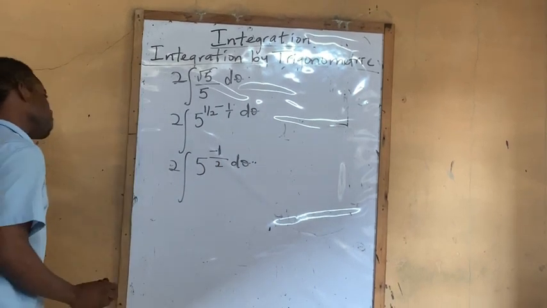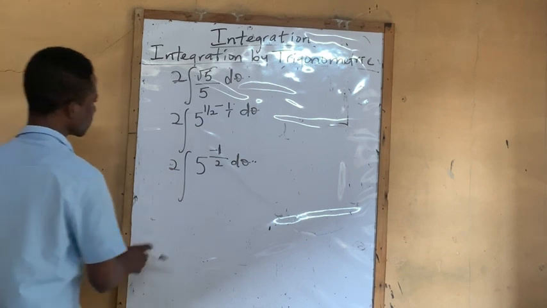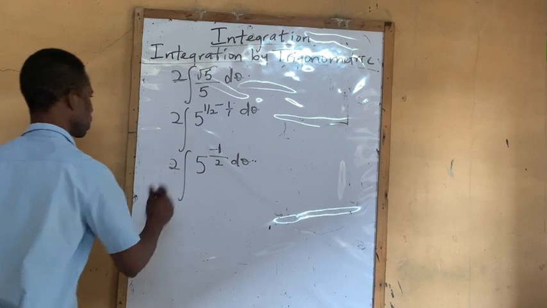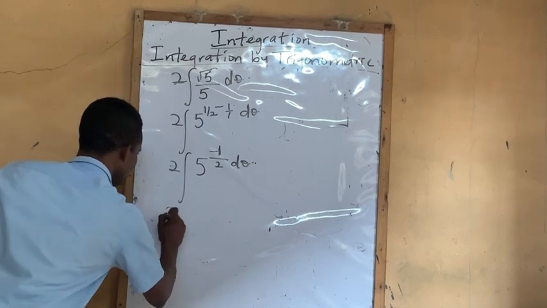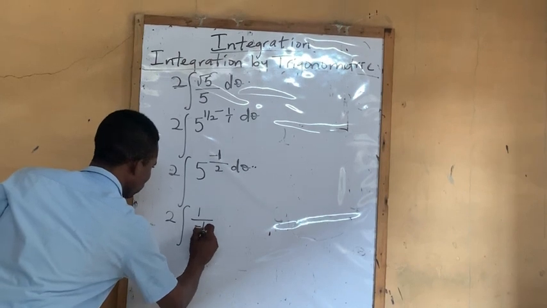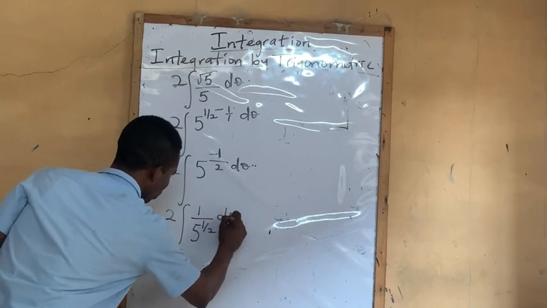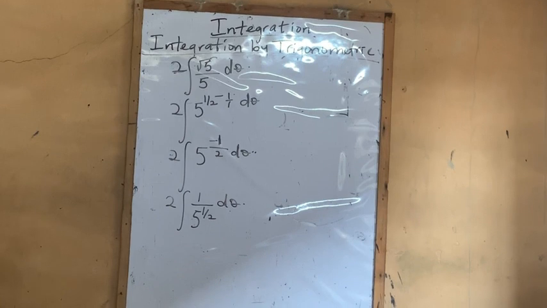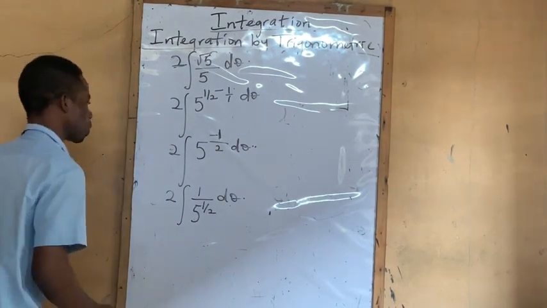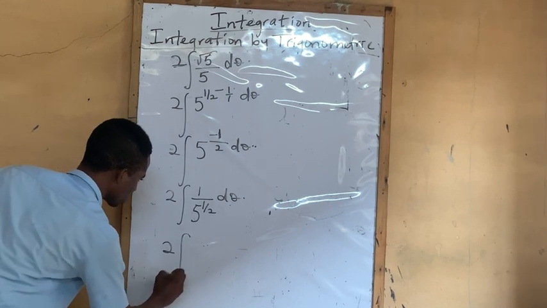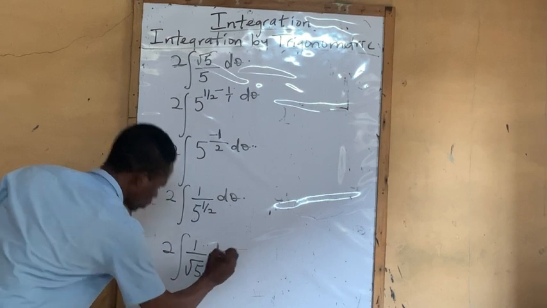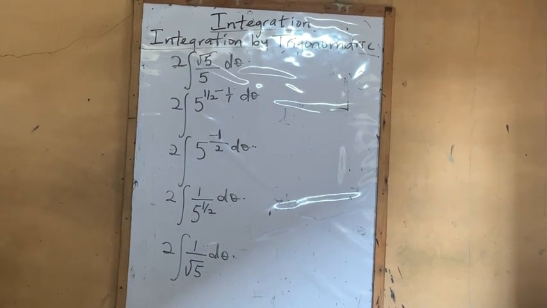So I can now integrate this. In fact, I can just say 2 into 1 all over 5 d theta. If I take away the minus, the negative index, it becomes the same thing as 2 integral of 1 all over root 5 d theta. What can I do now?